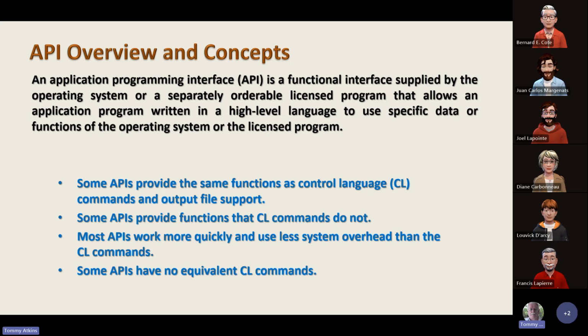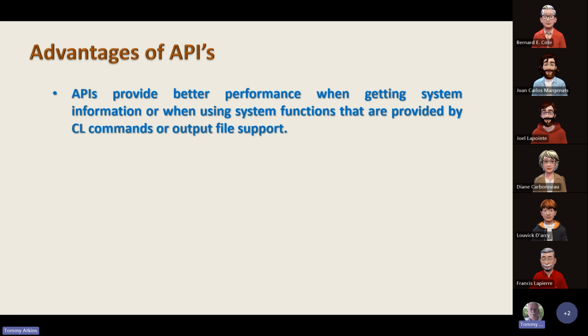The other thing which I forgot to put here is you can actually run them from inside an RPG, and you don't have to call a CL command or a CL program to run them. You can run them straight from inside your RPG. So, advantages of APIs: APIs provide better performance when getting system information or using system functions that are provided by CL commands or output file support.